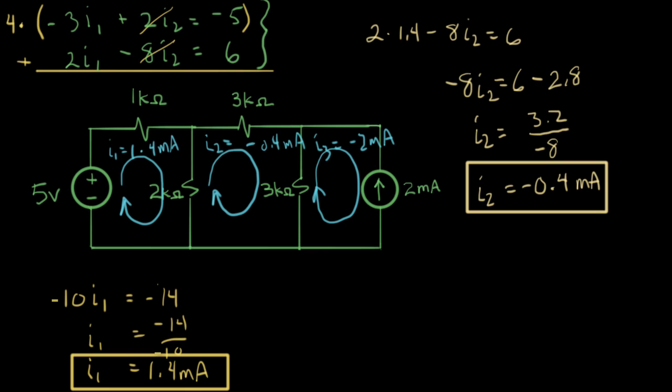So let's do one last thing here. Let's figure out the currents in the elements. Let's just figure out a couple of them. That one and that one. So that is IR2, and this one is IR4.